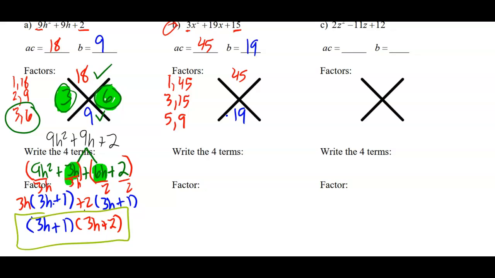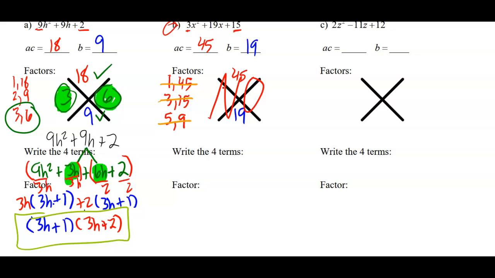So I've got my factors. If I think about adding, 1 plus 45, 45 minus 1, that is not going to work. 15 plus 3 is 18. 15 minus 3 is 12, so that doesn't work. 9 plus 5 is 14. 9 minus 5 is 4, so that doesn't work. So what happened is, oh my gosh, I have nothing, okay? So what that means is this is not working, so this is a no.